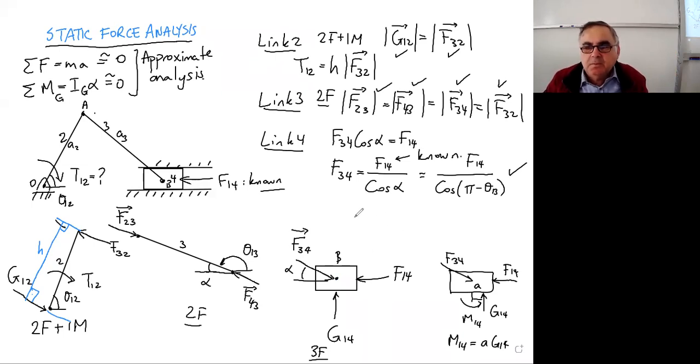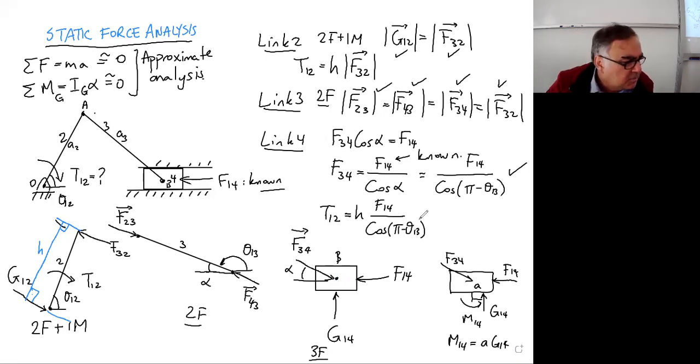Therefore, how can I write it here? You can say that T12 is equal to h times F32, but F32 is equal to F34, which is F14 divided by cosine pi minus theta 1, 3.